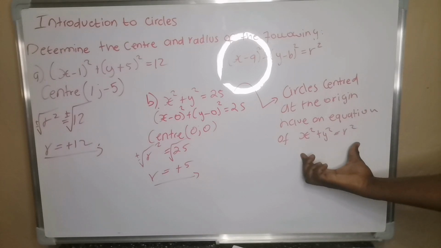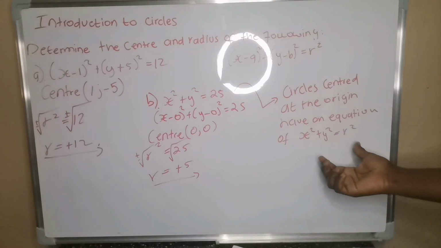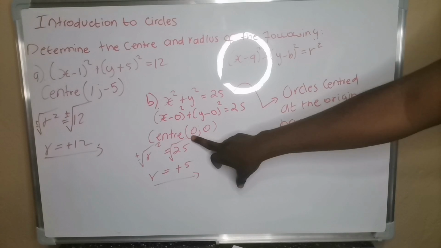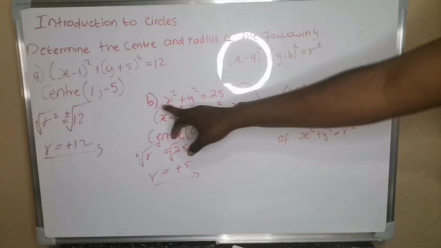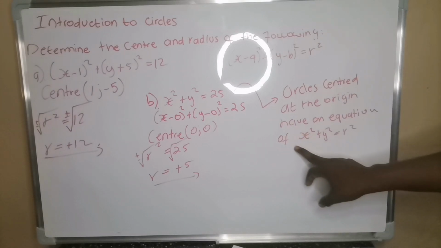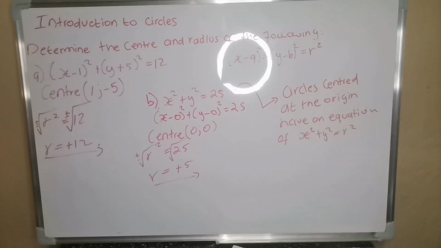This is an equation of a circle centered at the origin, at 0, 0.